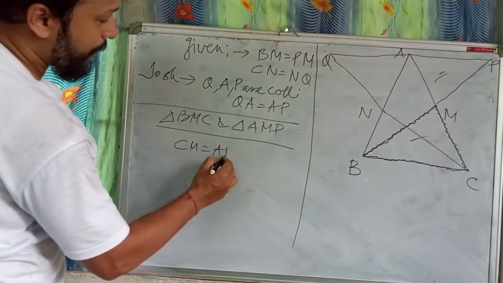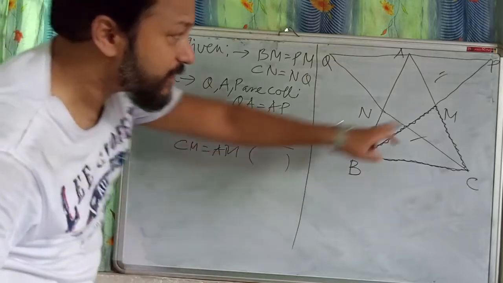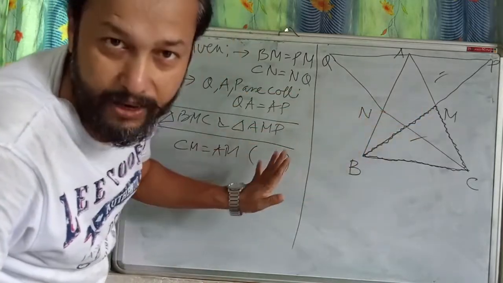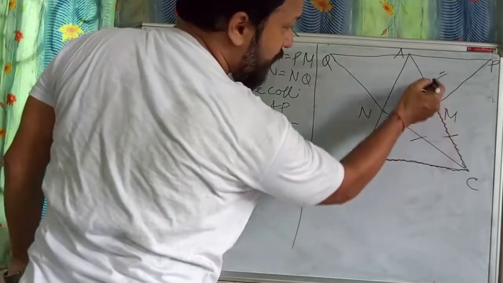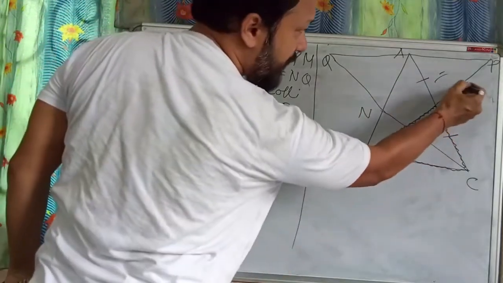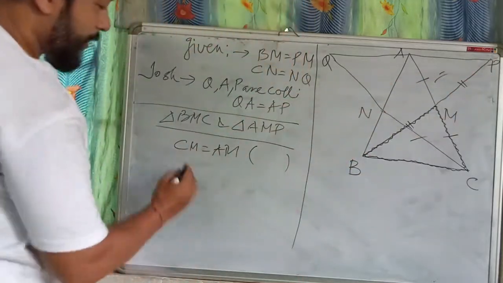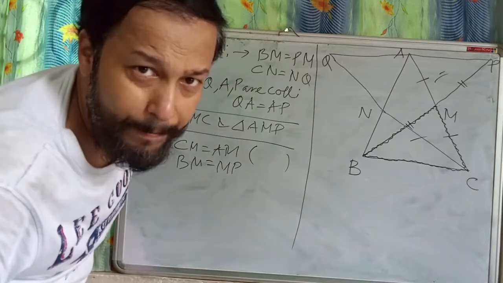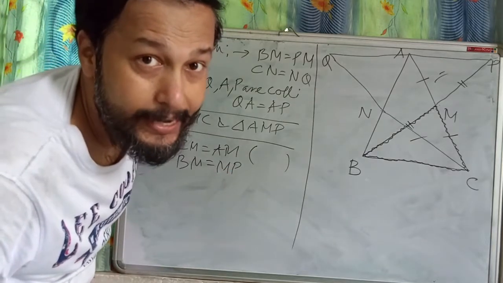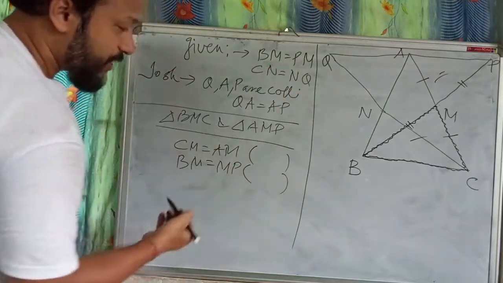You have to write the reason: since BM is the median. After that, we can also say BM equal to MP. How? Because it is given in the question. So you have to write here, given.